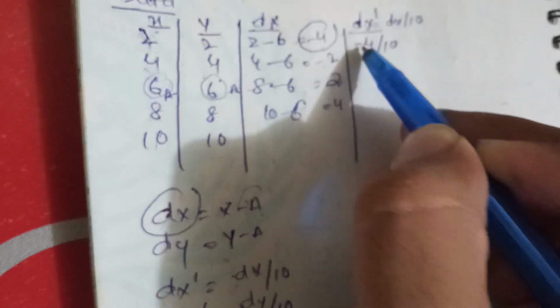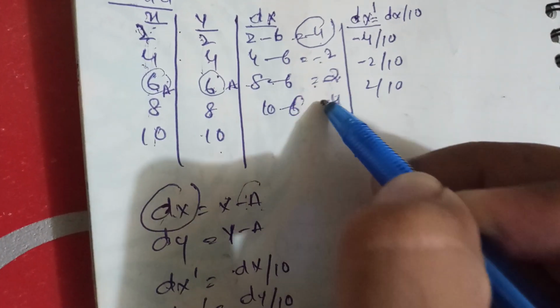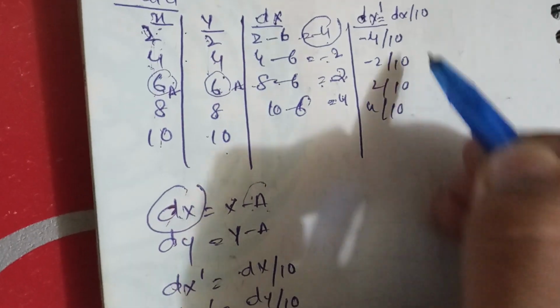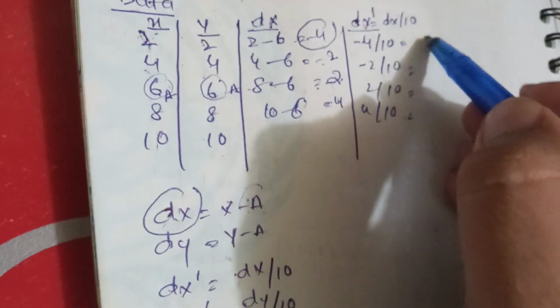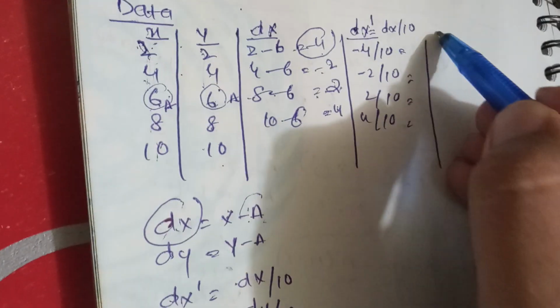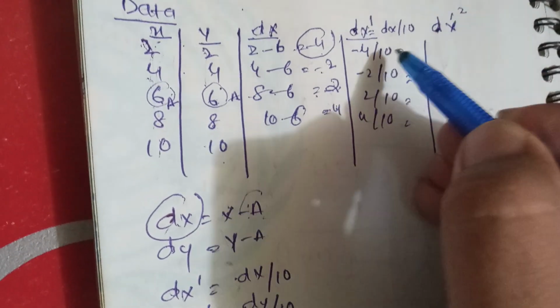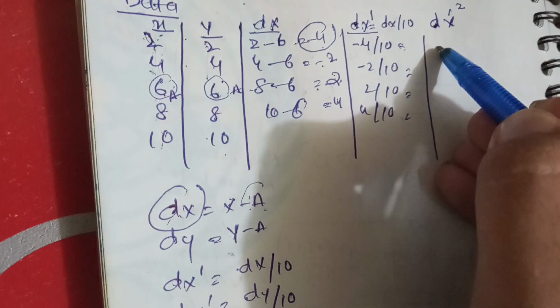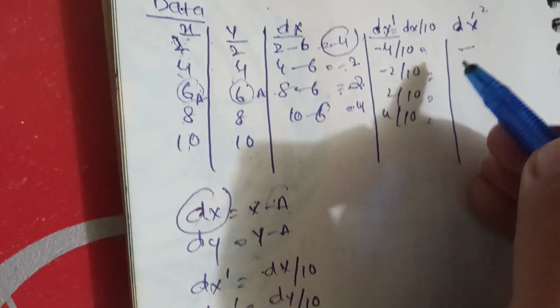So take minus 4, minus 2, and so on, each divided by 10. Now just solve it, and that is your dx bar. Then move to dx bar square: whatever result comes here, just take the square of that. That will be your dx bar square.